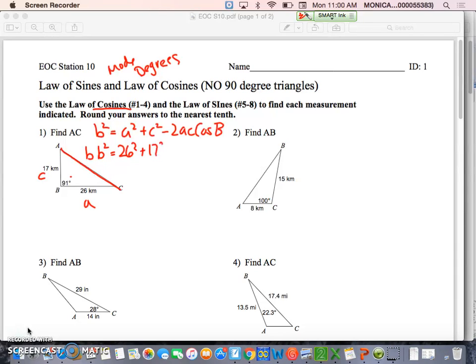Plus 17 squared minus 2 times 26 times 17 times the cosine of 91. And once again, you're going to take your calculator, you turn it on, and when you're taking the test, you need to know how to do this. You hit mode, and you go down and make sure degrees is highlighted.